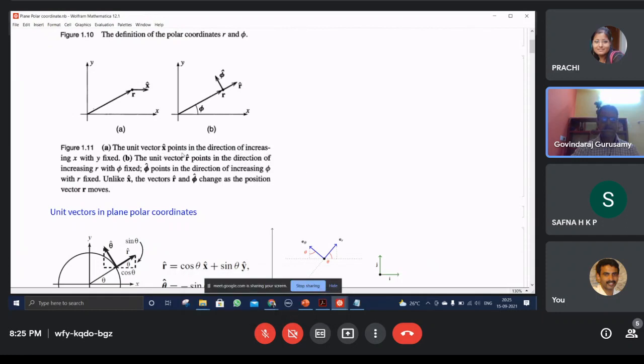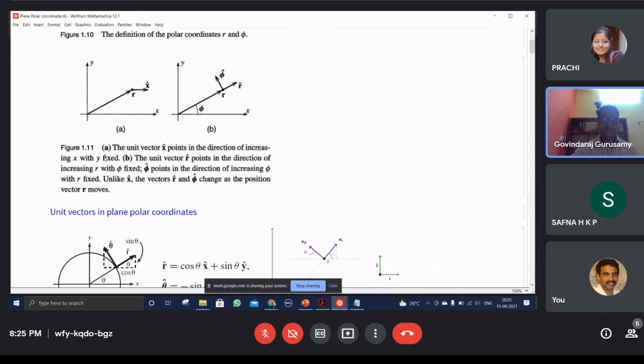The unit vector x cap points in the direction of increasing x with y fixed. This is fixed. This is increasing x. That's the meaning of this. Unit vector r cap points in the direction of increasing r with phi fixed.